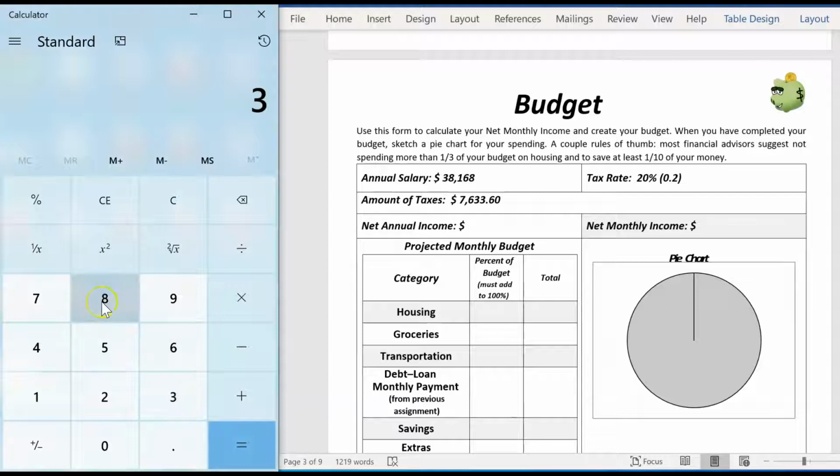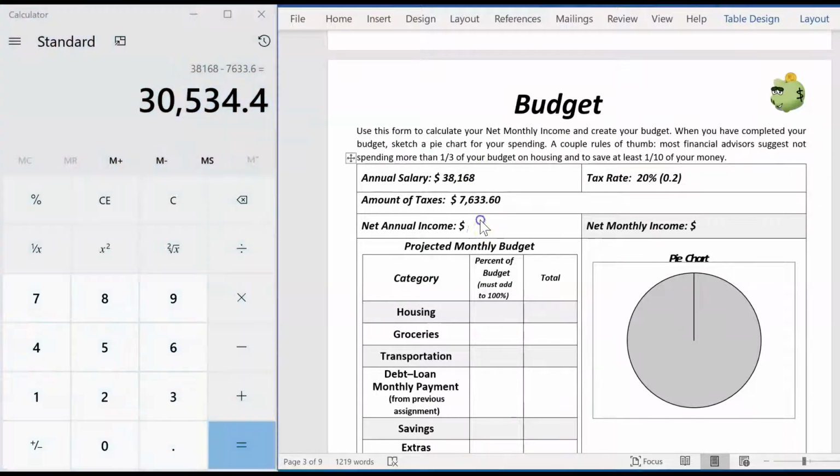It's going to be 38168 minus 7633.60 equals. So my net income is $30,534.40. That's what I have left over to be able to plan the rest of my budget.